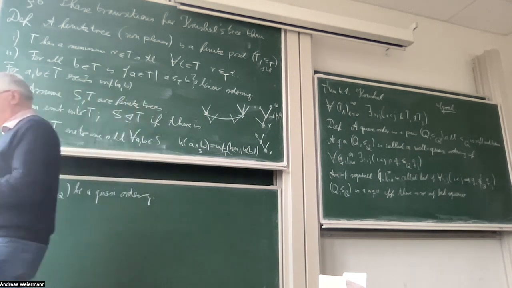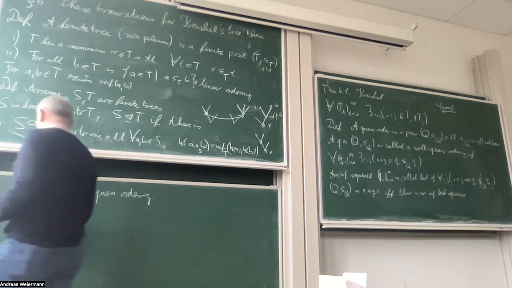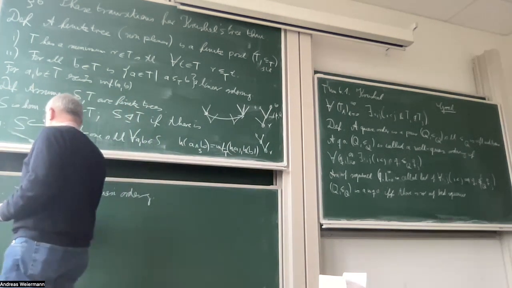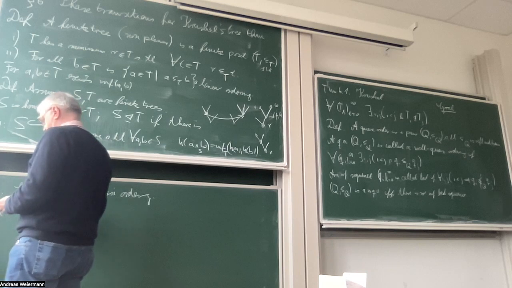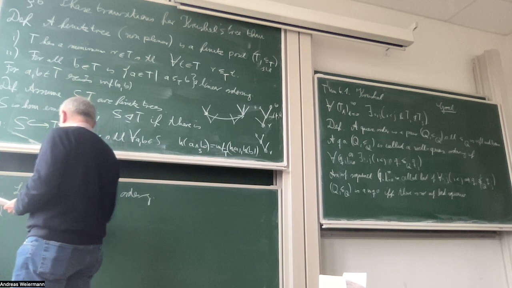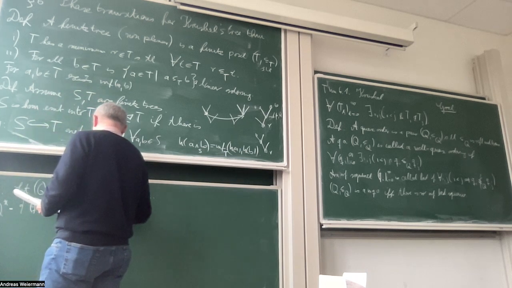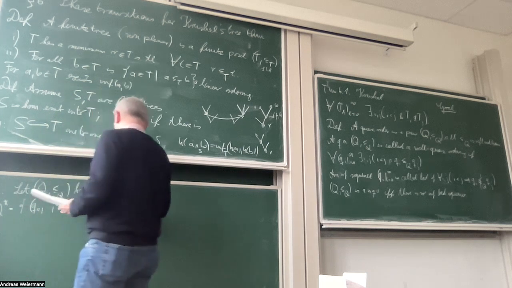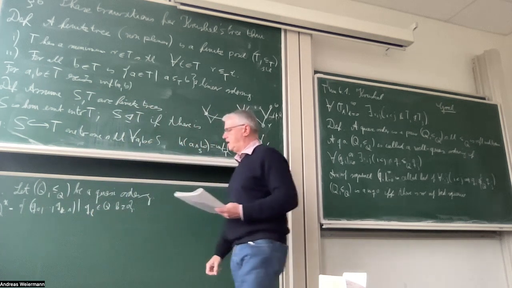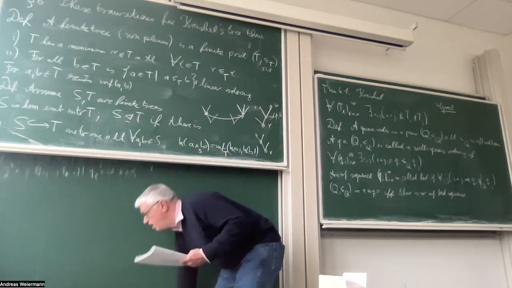Q star is the set of finite sequences over Q. This is q_0 up to q_{k-1}, where each q_l is an element in Q. k equal to 0 covers the empty sequence.